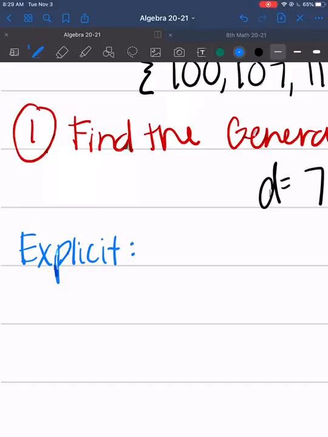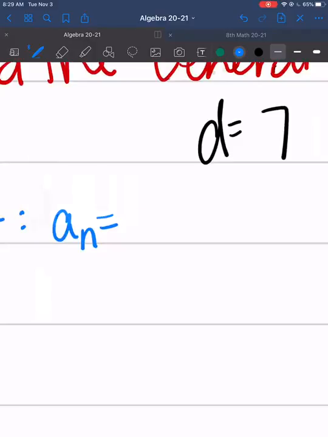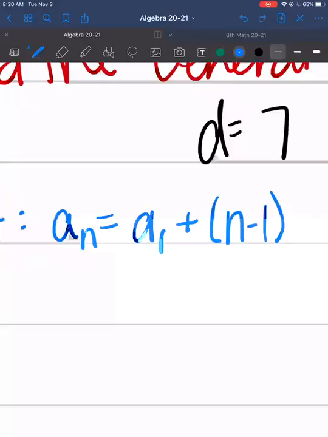That equation is A sub n, the term we're looking for, equals A1 plus n minus 1 times D. That's the equation for our explicit form for arithmetic sequences. There is another type of sequence we're going to talk about, but we'll talk about it in a different unit.